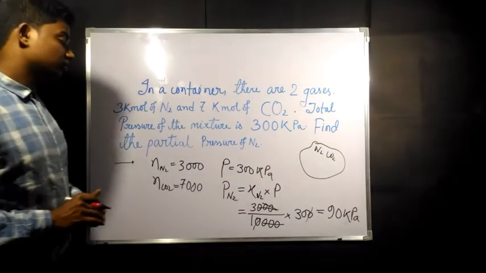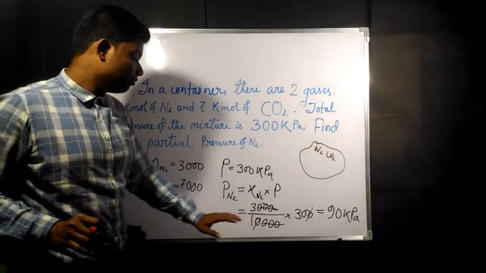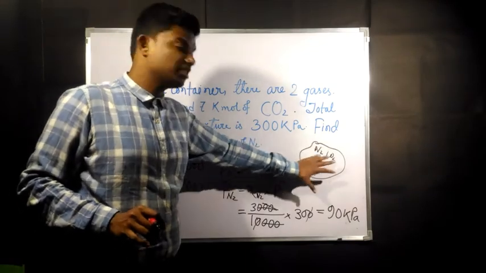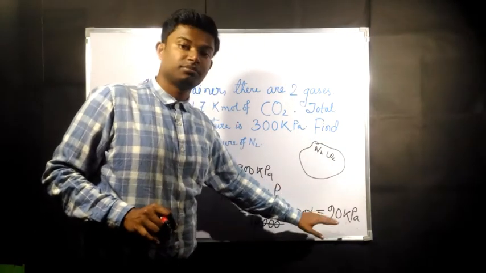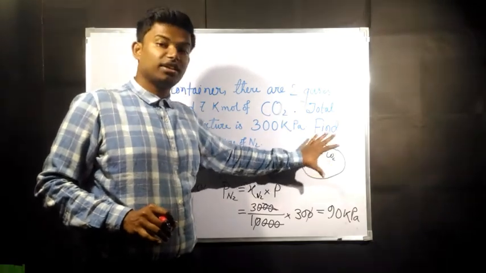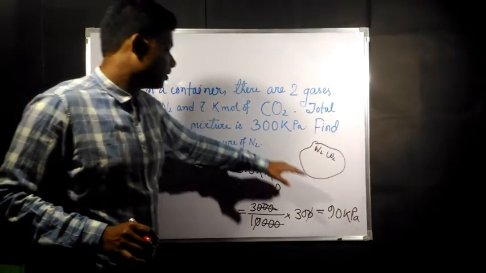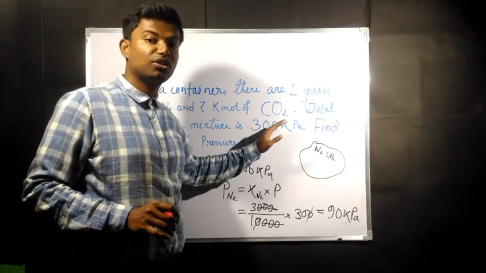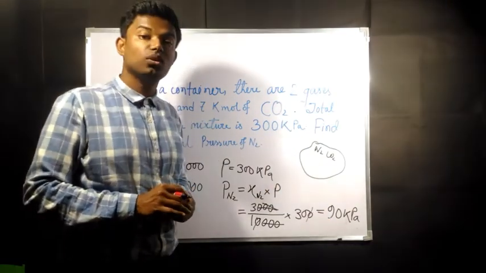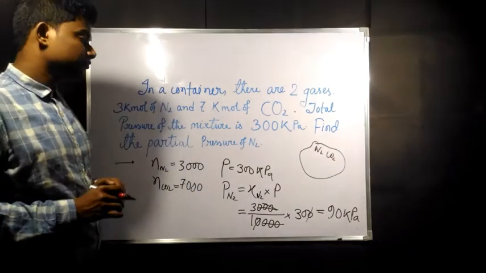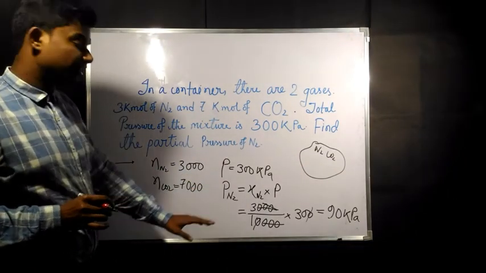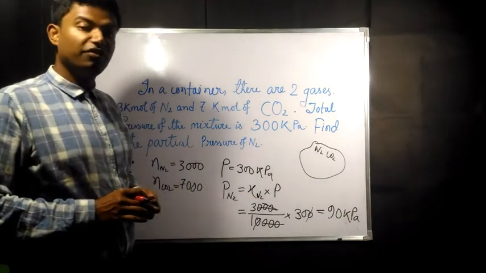This means the partial pressure of nitrogen in the mixture is 90 kilopascal. The partial pressure of carbon dioxide is 300 minus 90, because the summation gives the total pressure, so it is obviously 210 kilopascal. In this way we find the partial pressure by multiplying the total pressure with the mole fraction.